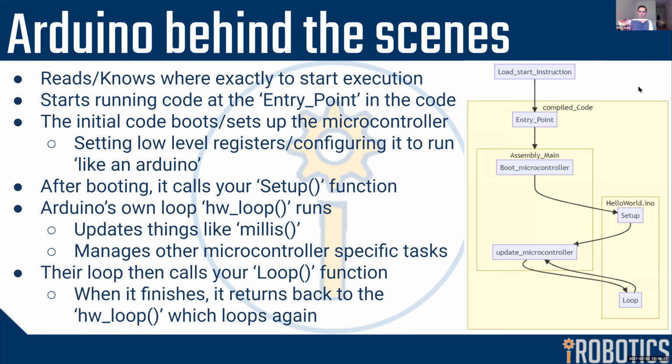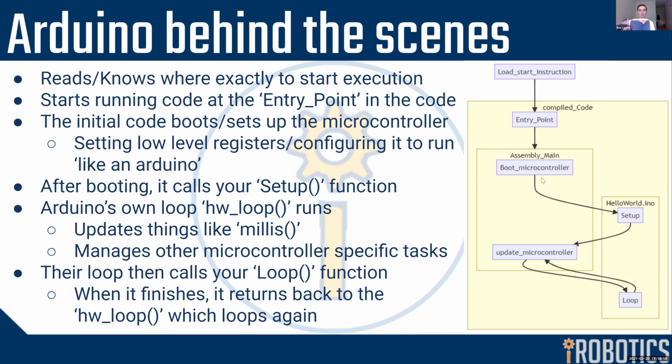So this is kind of the behind the scenes of how Arduino works. It's a little bit complicated. I'm going to try to make it simple, but basically you can follow the graph on the right. When your microcontroller Arduino turns on, it does the boot microcontroller stuff. So it sets itself up, it figures out what is going on, makes sure everything is cleared and reset.